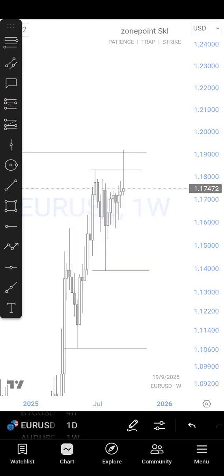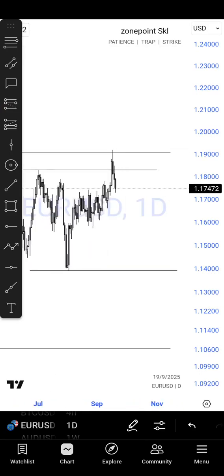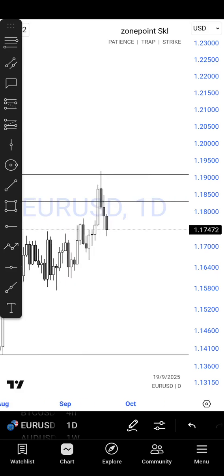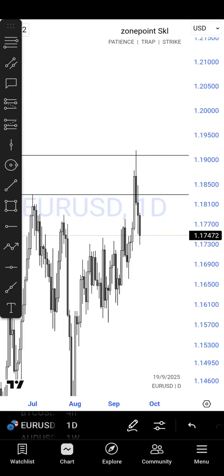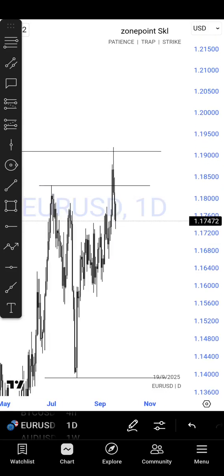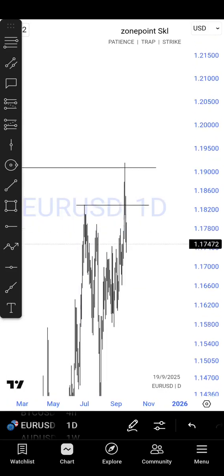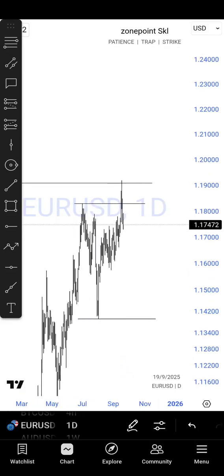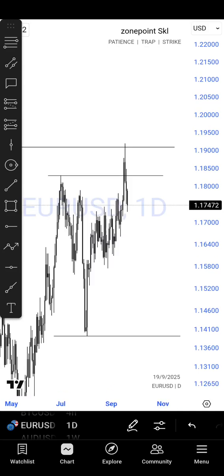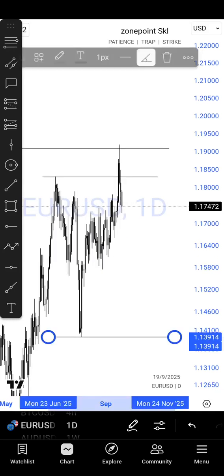So I'll come to my daily time frame. On my daily time frame now, I want to mark a key level where price is probably going to react from. And now you can see on this daily time frame too, this is our weekly internal range of structural liquidity from the weekly here.